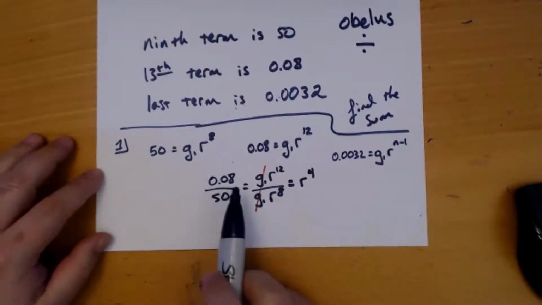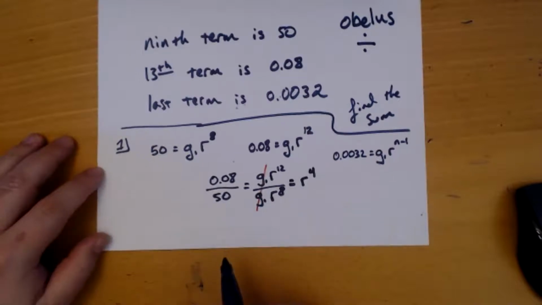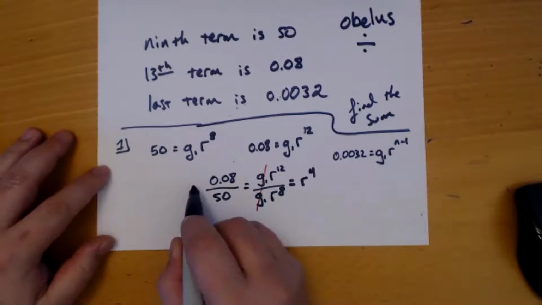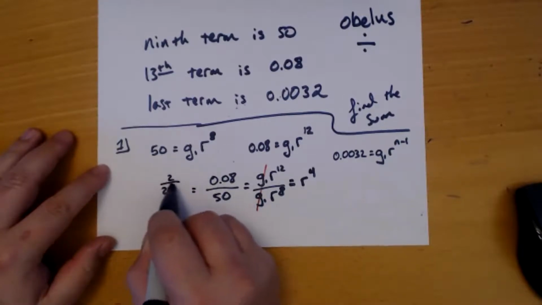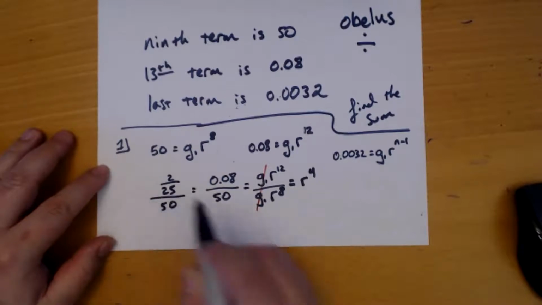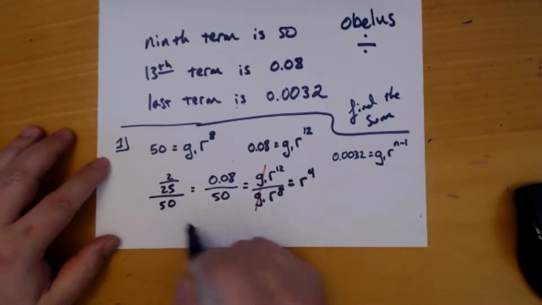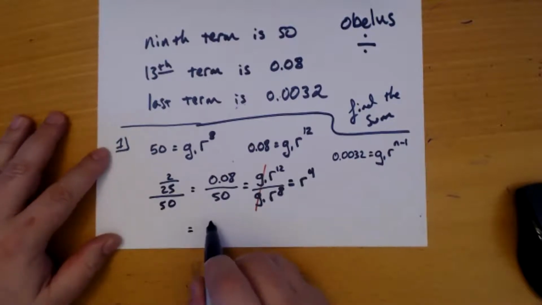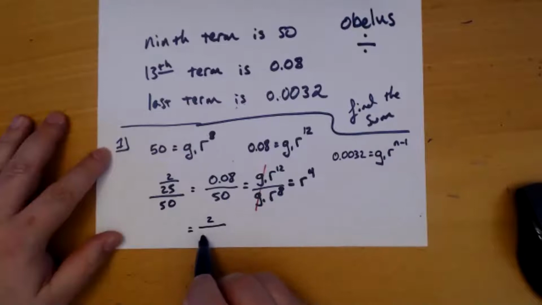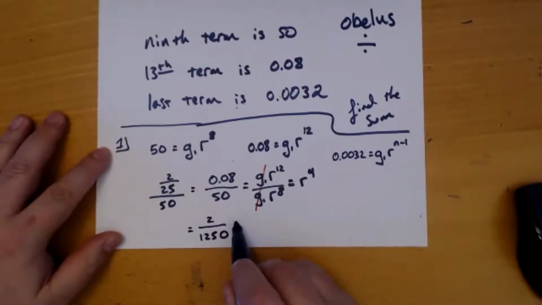Now, this is where life becomes a little bit easier if you know how to deal with fractions, okay? And this turns into 2 over 25 divided by 50. And so the answer to that is 2 all over 1250 is equal to r to the 4th.